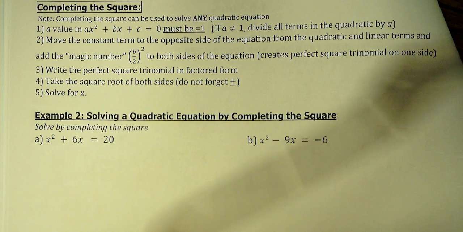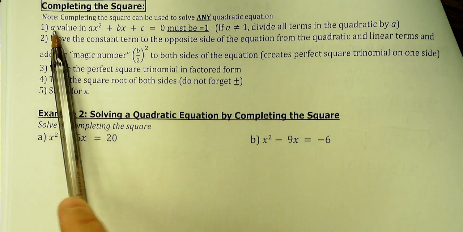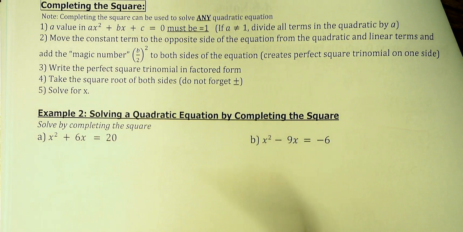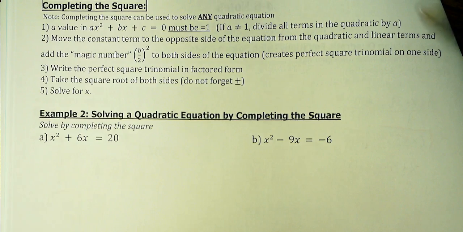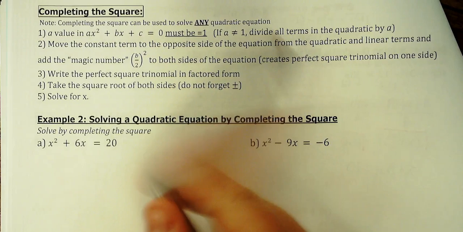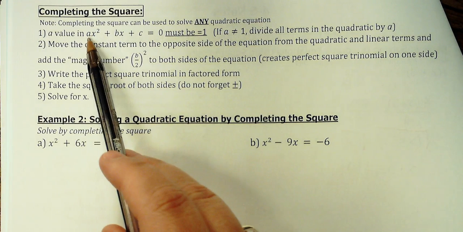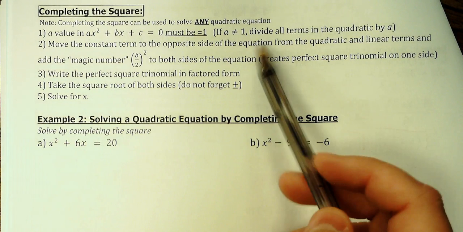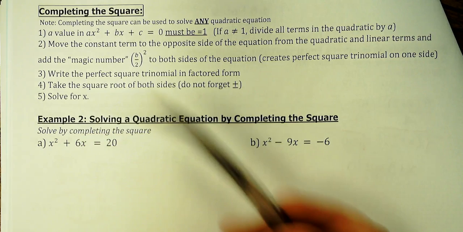So that very first step says that a value has to be 1. So if you come down here, like this is just a plain x squared, that's what you're going to see. So you don't need to really worry about that. But if you do run into an equation and the number in front of the x squared is something other than 1, you can't use the process I'm going to show you right now. So just want to point that out.